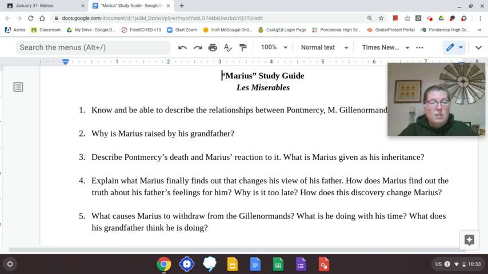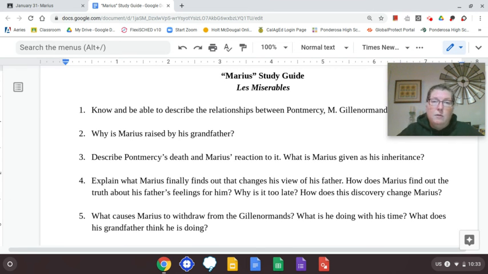Jean Valjean and Cosette are in Paris. They're in the convent. Javert is in Paris, the police inspector. He's been promoted, and so he's now working in a big city. So all of our important characters are now in the same place. So their lives are starting to come together. They're all in the big city of Paris at this point.